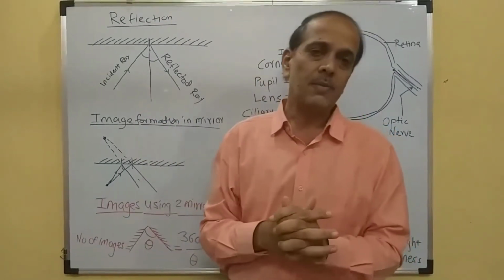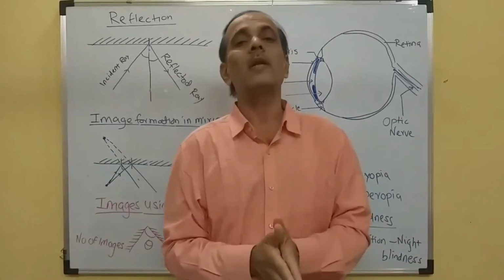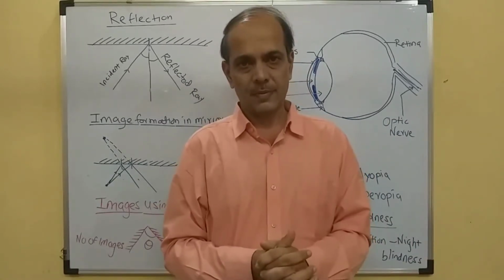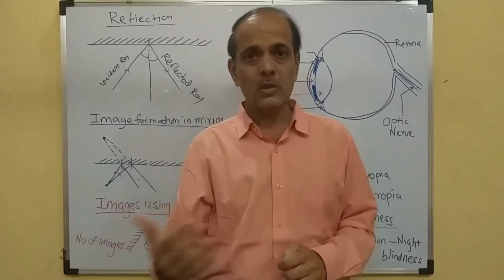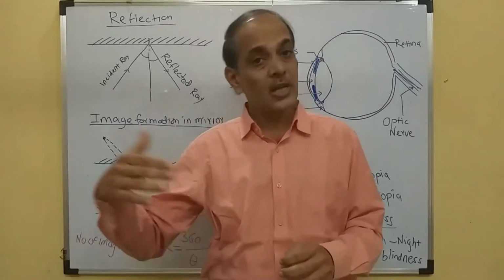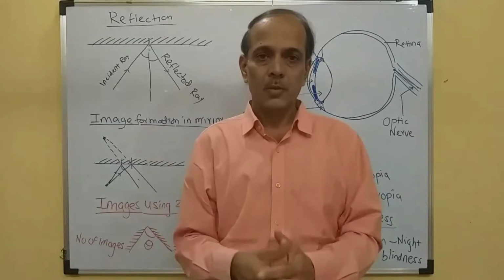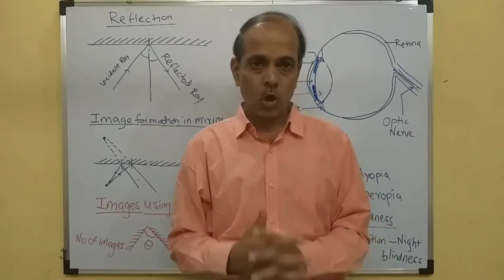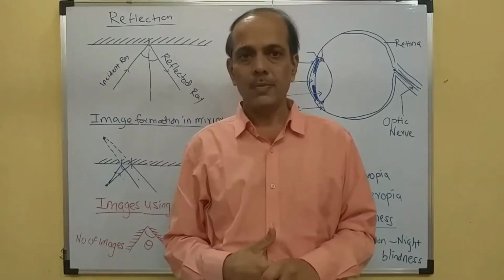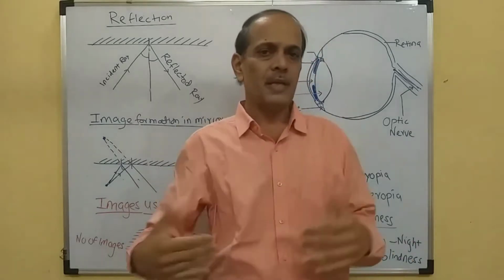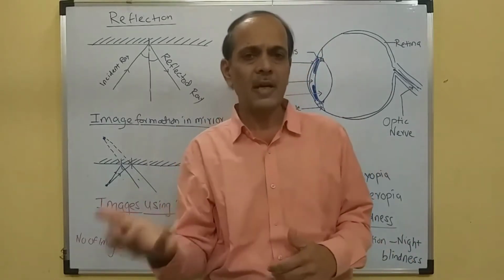Now the question comes, if we are using more than one mirror. Some of you might have gone to salons or beauty parlors or changing rooms in some malls, shops. There are multiple mirrors placed around you and you see your multiple images at different angles.